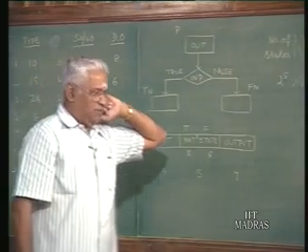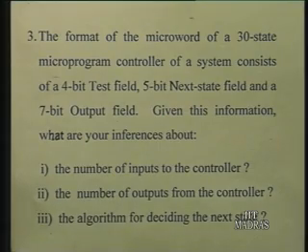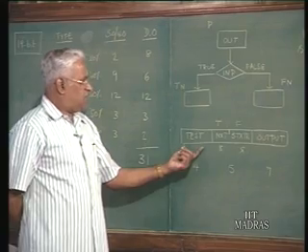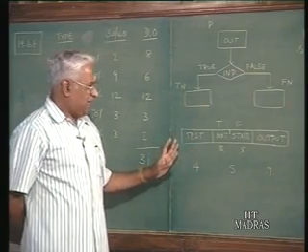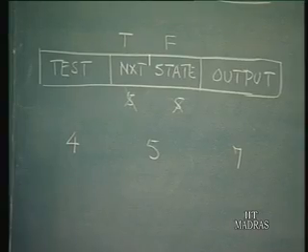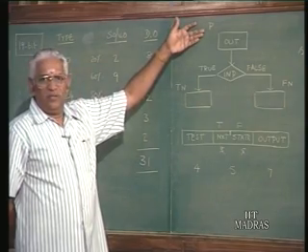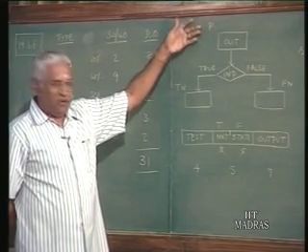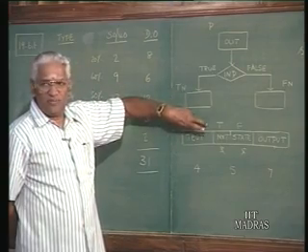What is the first thing? Let us see the chart. The number of inputs to the controller, which one indicates the number of inputs to the controller? The test field indicates, because in any microword, for every state, what are the inputs to be tested must be given in the test field.